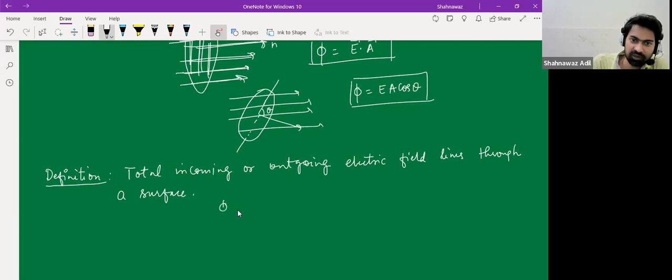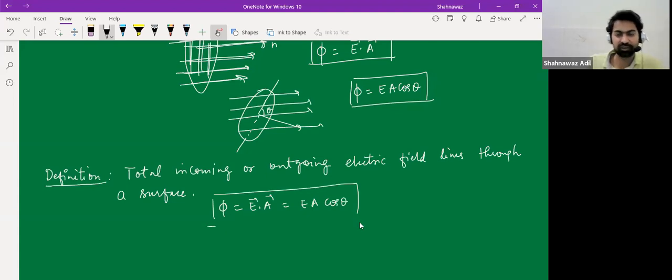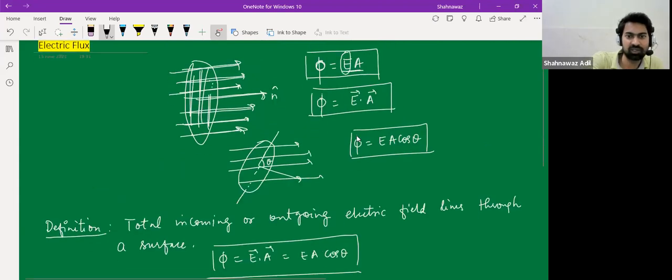And this is represented by E dot A, which is EA cos theta. Understood, guys? Yes, sir. So you guys, please note down this part, and we will do a couple of questions based on this. Okay.